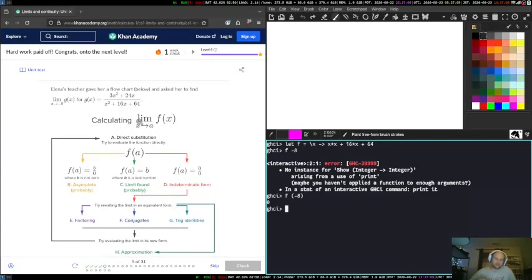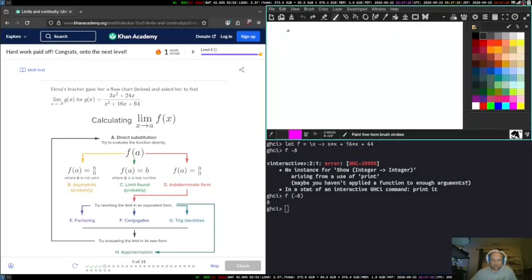So what you then would do in the real world, this is something you'll learn in calculus, is called L'Hopital's rule. What you do is you differentiate the top and bottom of the fraction.